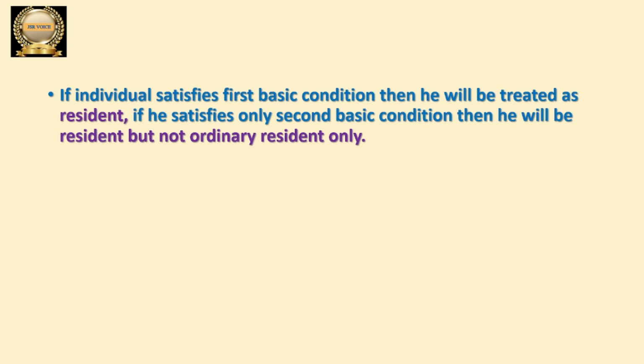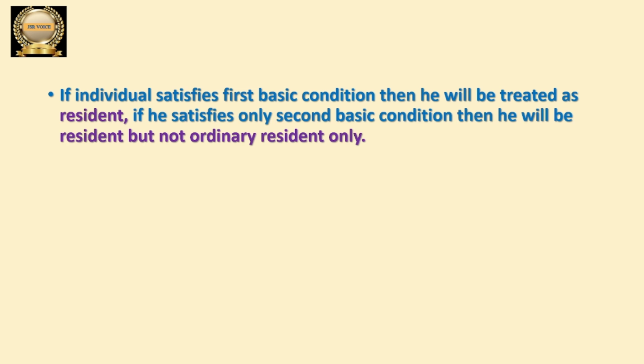Suppose he is satisfying only the second condition, that is he is staying 120 days during the previous year and 365 days out of 4 years preceding the relevant previous year. If he satisfies this second condition, then he will be treated as resident but not ordinary resident.